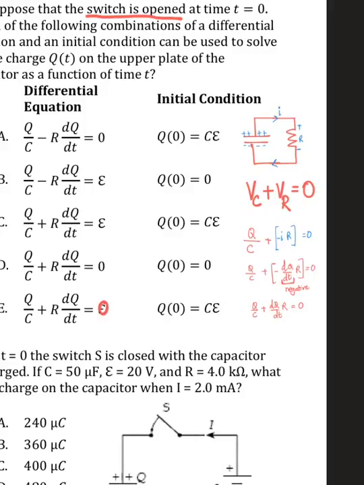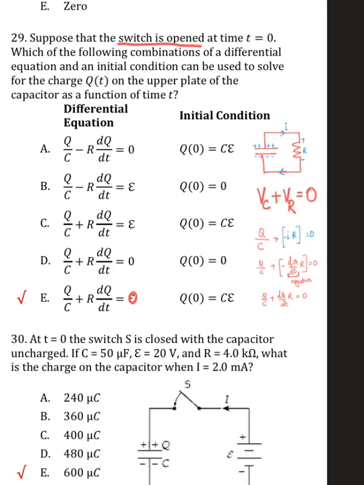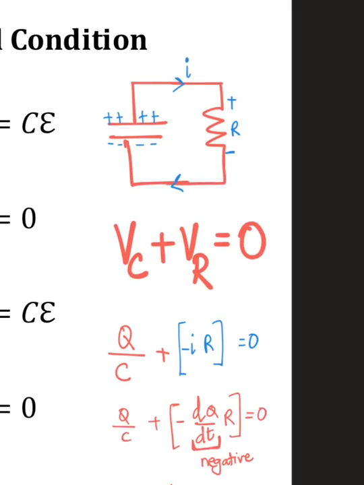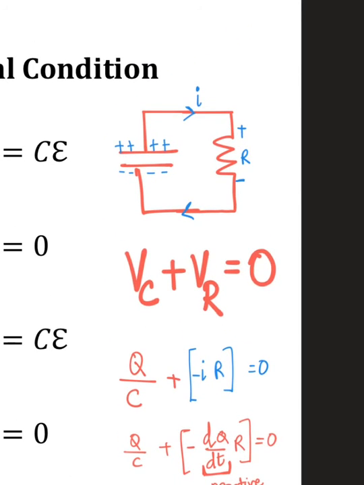And not the negative one. We are not using the negative one. So once again, let's understand why we are removing the negative. Because the change dq over dt, if you look at the capacitor, as it discharges, it's going to lose its charge. As it loses its charge, the amount of voltage across it is also going to decrease. So if the voltage decreases, the current is going to decrease.